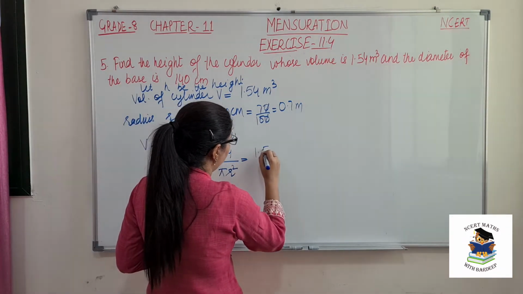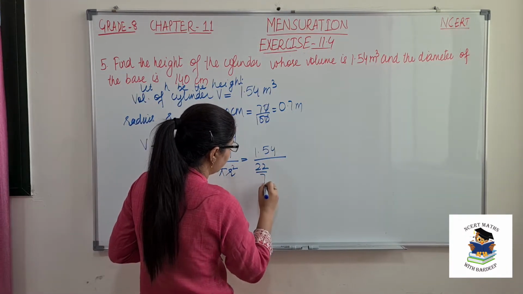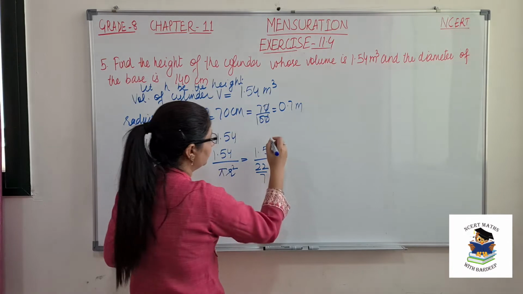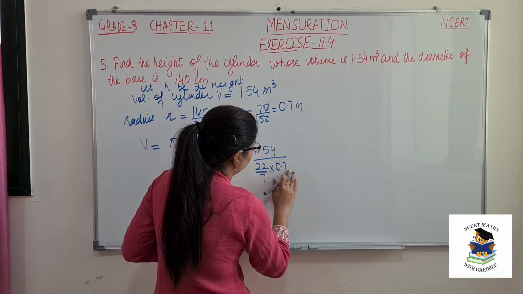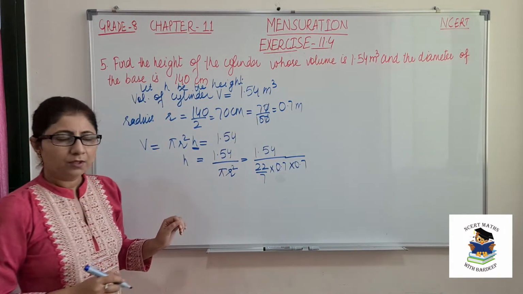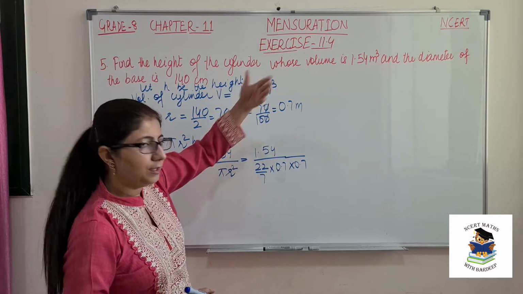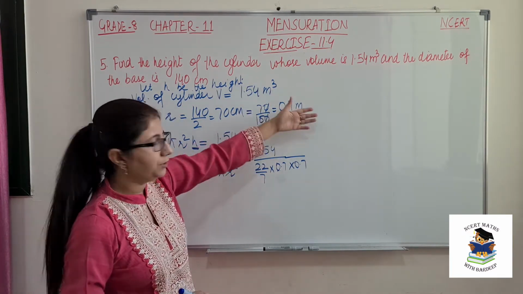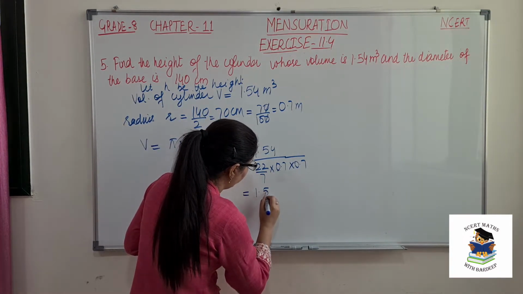So let's put the values now. Pi is 22 by 7, r is 0.7 multiplied by 0.7. Okay. So now see, this is denominator's denominator, so it will be reciprocal and we will shift this to numerator. So we are left with 1.54.